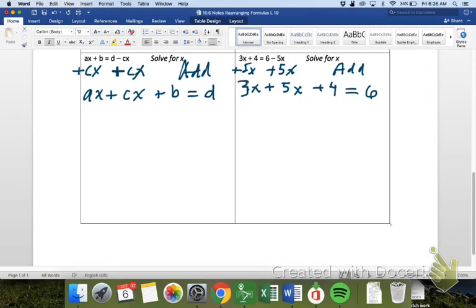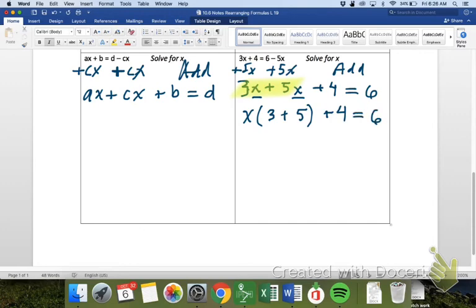Okay, so coming back over to the related equation where we have this 3x plus 5x, we know we need to combine like terms. We know it's going to equal 8x, but I'm going to do it in a way that I use the distributive property. So remember that both of these two terms have an x in common. So I could rewrite this as x times the quantity 3 plus 5, just using the distributive property, right? I could multiply that x back in and get back up to the previous line of the equation. And then from there I'm saying plus the 4 above is equal to 6.